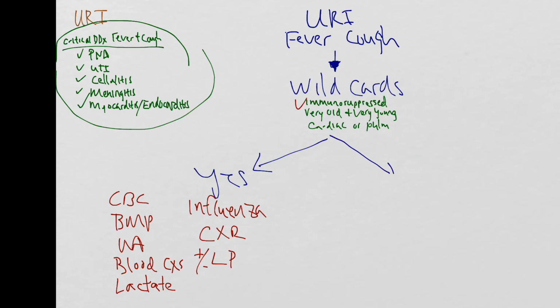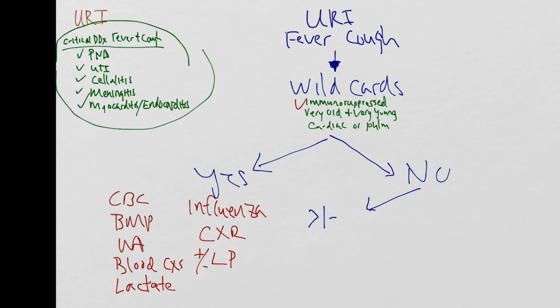So that's the scary scenario. But let's say that the patient does not have any of these wildcards. As long as the history and physical are inconsistent with any of the other critical differentials on our diagnosis, the next question that I ask is whether or not I should get a chest x-ray. To figure that out, I ask the patient how long they've had a productive cough.